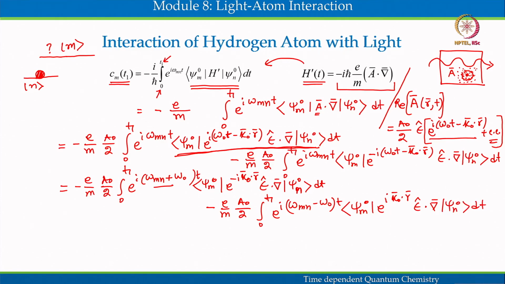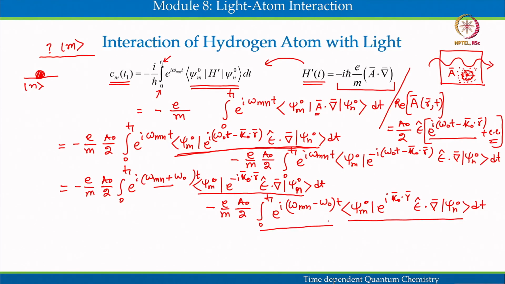And what we see is that the integration written in the bracket is over the entire R space, where R is a vector, while the other integration is over time.